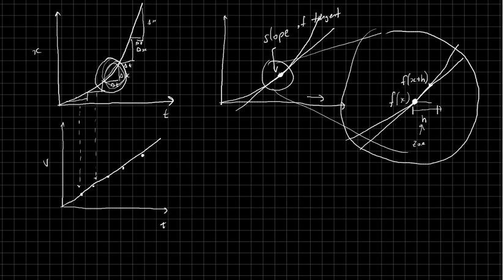Alright, so we can calculate the rise. The rise is just going to be f of x plus h minus f of x, and the run is going to be simply h. What we want to calculate now is what's called the limit as h approaches 0.